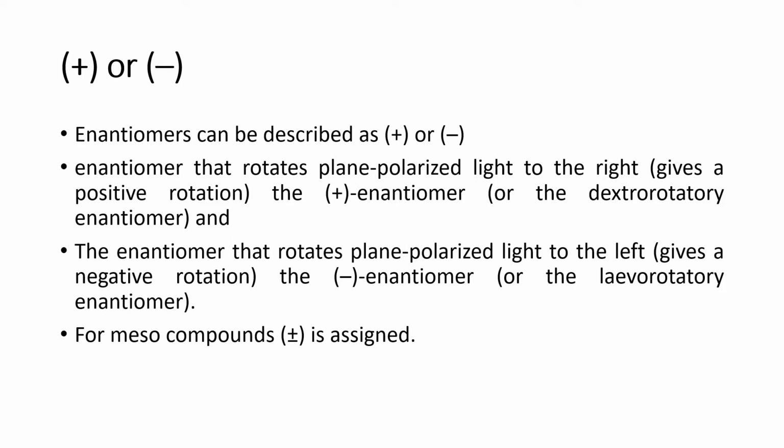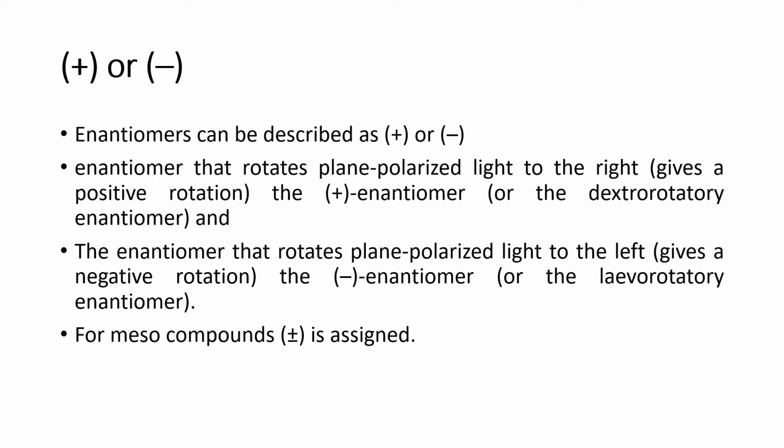Suppose it is a meso compound. A meso compound is a compound which has both plus and minus in equal halves. That means it cannot rotate the plane polarized light. So such a compound is denoted by plus or minus in the same bracket.